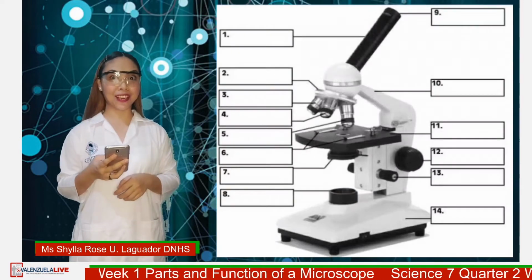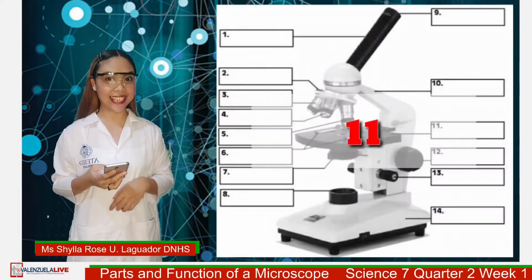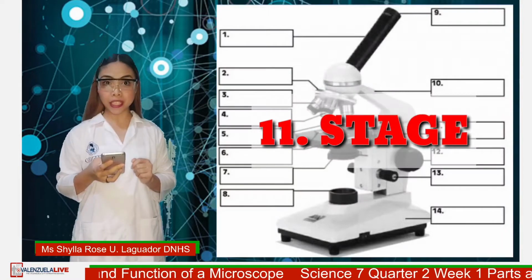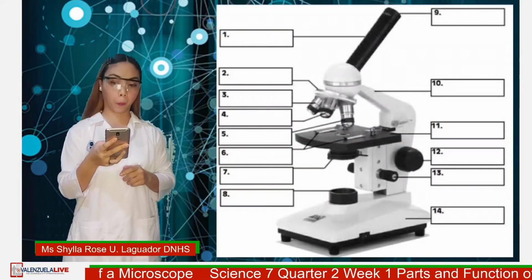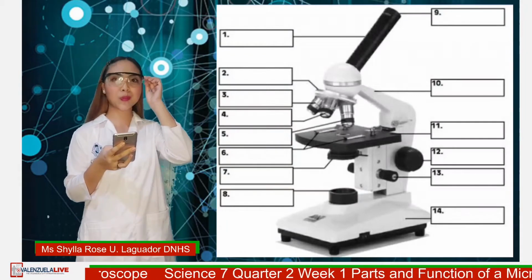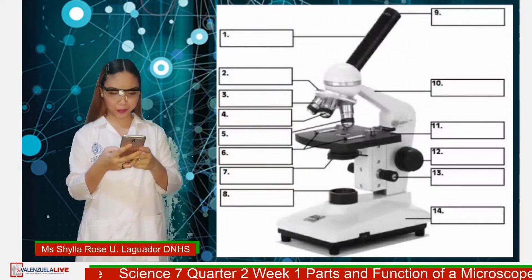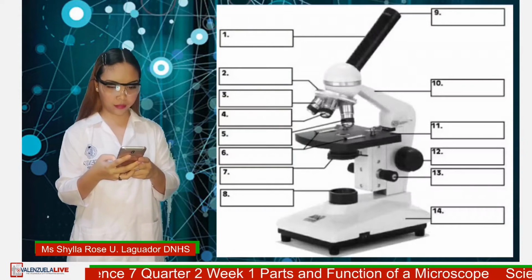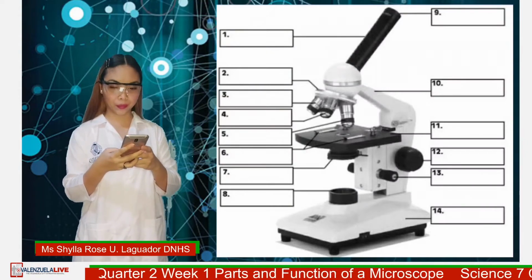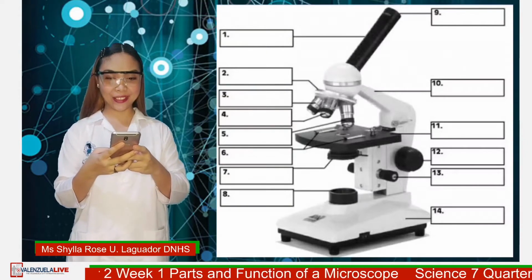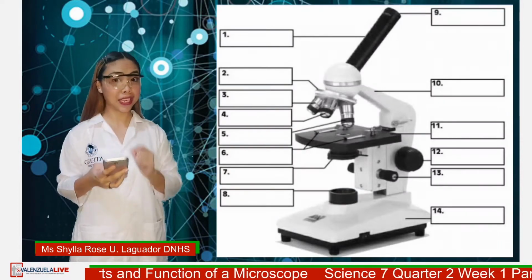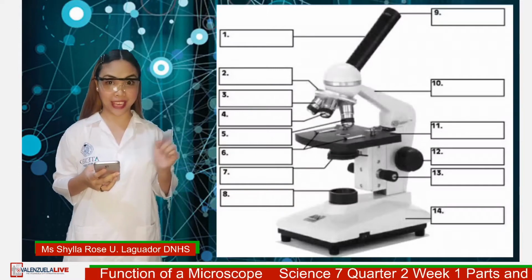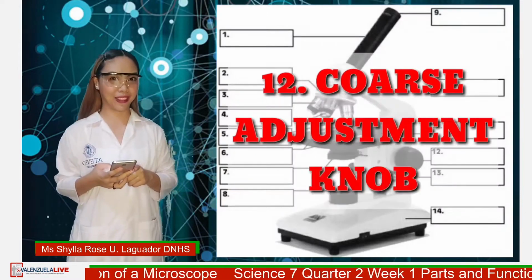Okay, so most of you got it correctly. Number 11 is stage. Okay, let's proceed now to number 12. Okay, so I am seeing here a mixture of answers. So actually the correct answer for number 12 is the coarse adjustment knob.